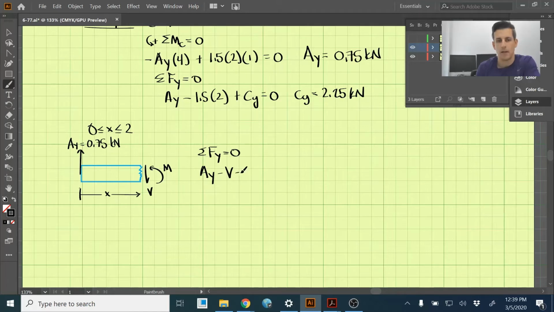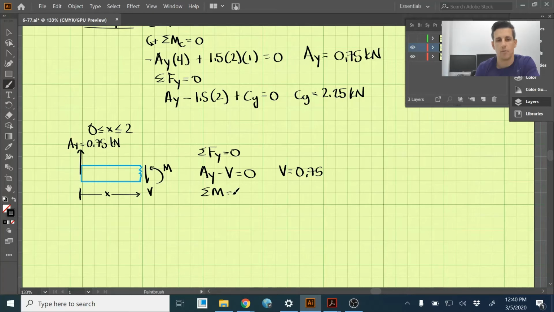If we put in 0.75 for AY, the shear V is equal to 0.75 kilonewtons, and it is constant over this range of 0 to 2. And now we can move on to finding that moment.